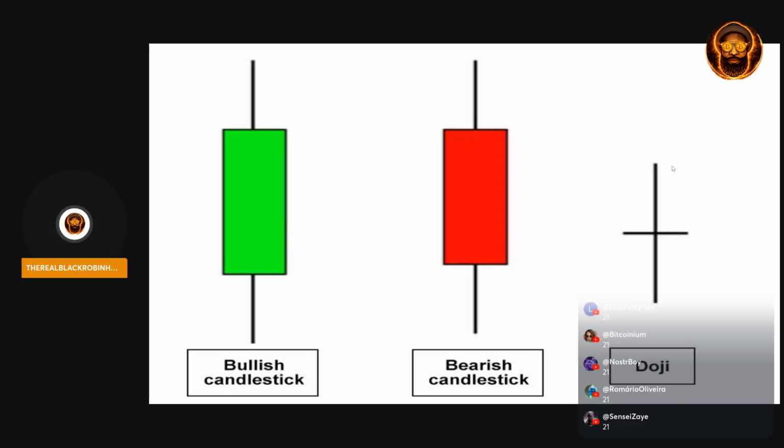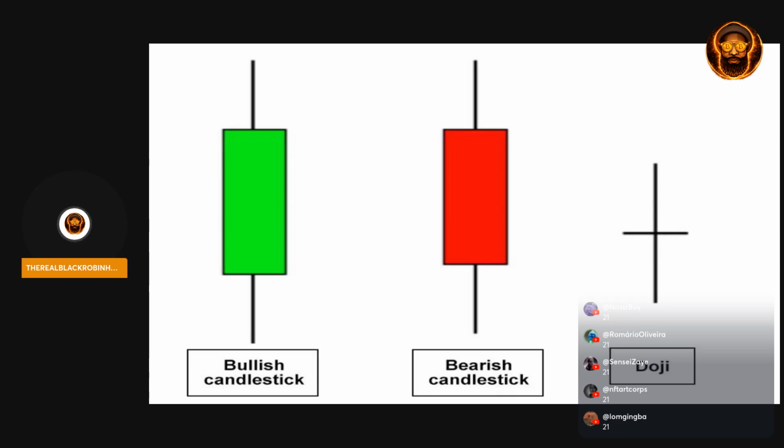Then during that hour, or during that day, or during that 15 minutes, depending on what time frame you're looking at, let's say 1 hour, it opened at $10, and at some point it went all the way to $12. Then Trump said something and it dropped all the way to $8.